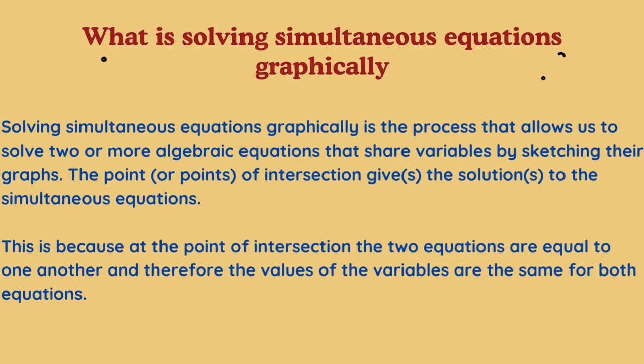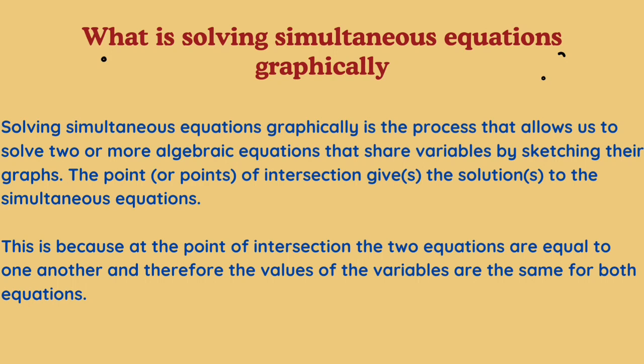So what is solving simultaneous equations graphically? Solving simultaneous equations graphically is the process that allows us to solve two or more algebraic equations that share variables by sketching them on a graph. The point of intersection gives the solution to the simultaneous equations.